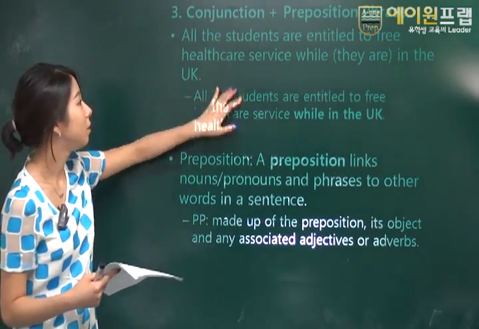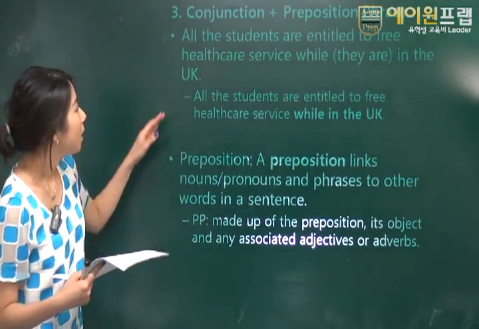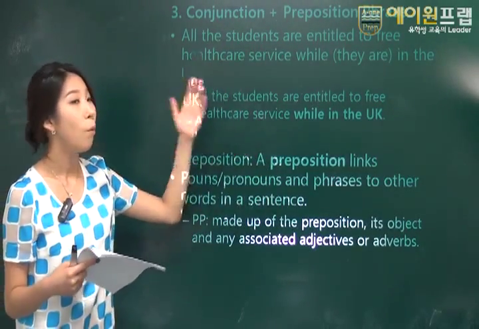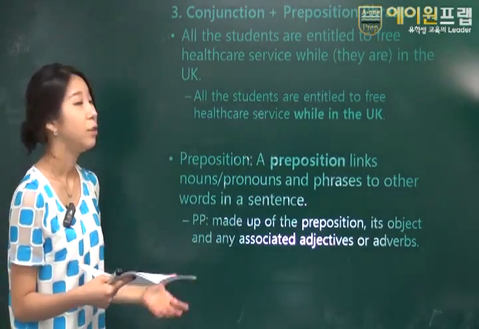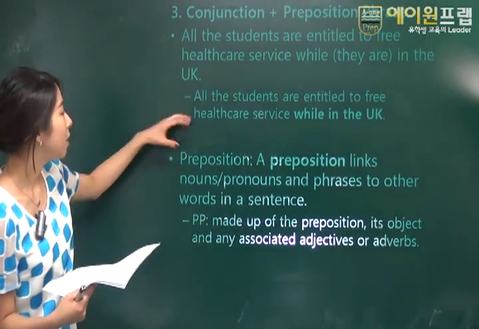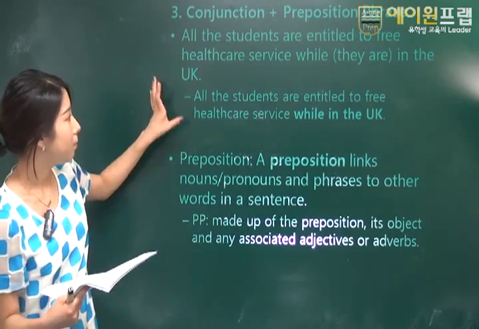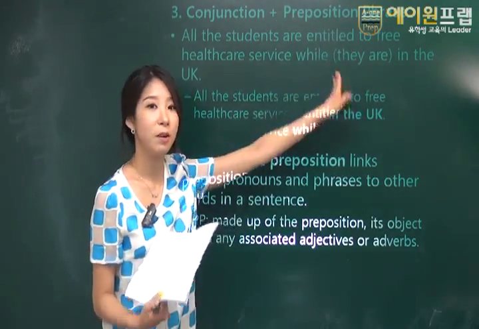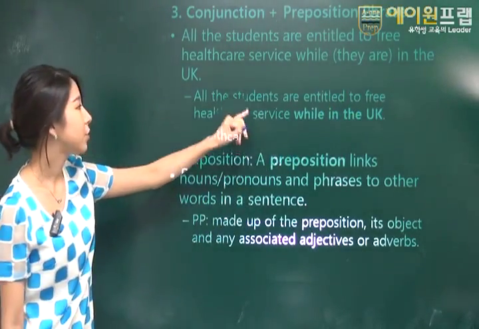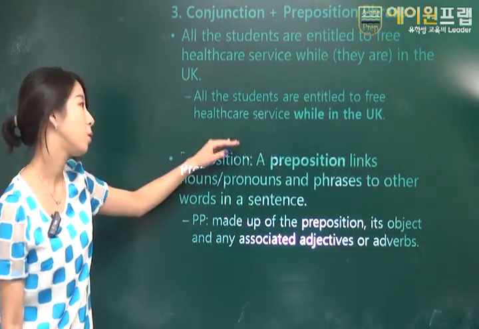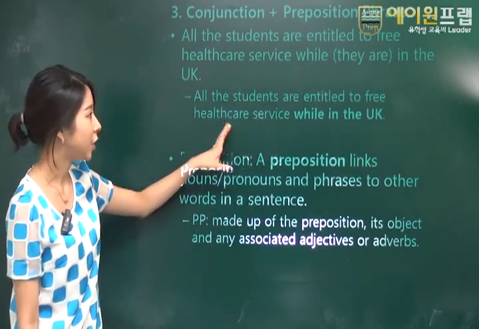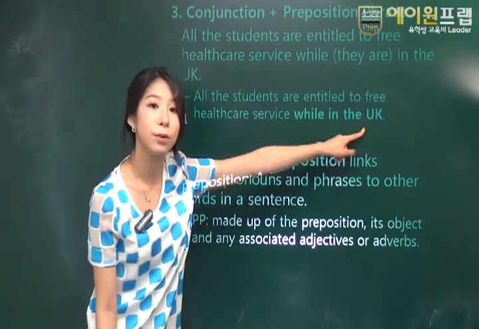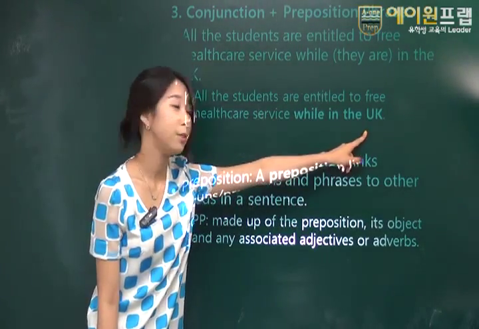So we can change this by omitting this obvious, redundant, repetitive part. All the students are entitled to free healthcare service while in the UK. That's how we changed it, right? And this one, while in the UK, is going to be the adverbial clause, right?